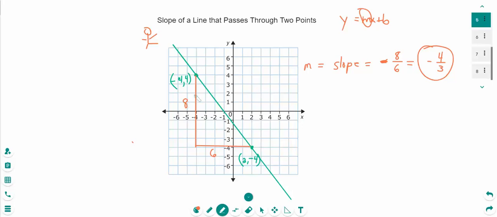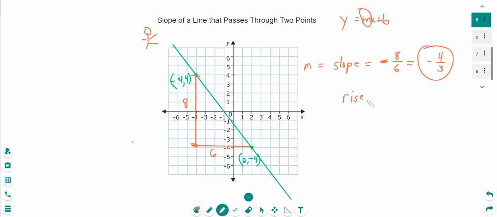All right, if this rise is 8 and this run is 6, what we might want to do is think of the rise as being the change in y. Remember, y is going up and down. So from this point to this point, this is the change in y. That's what the rise is. Maybe I'll even write that over here.